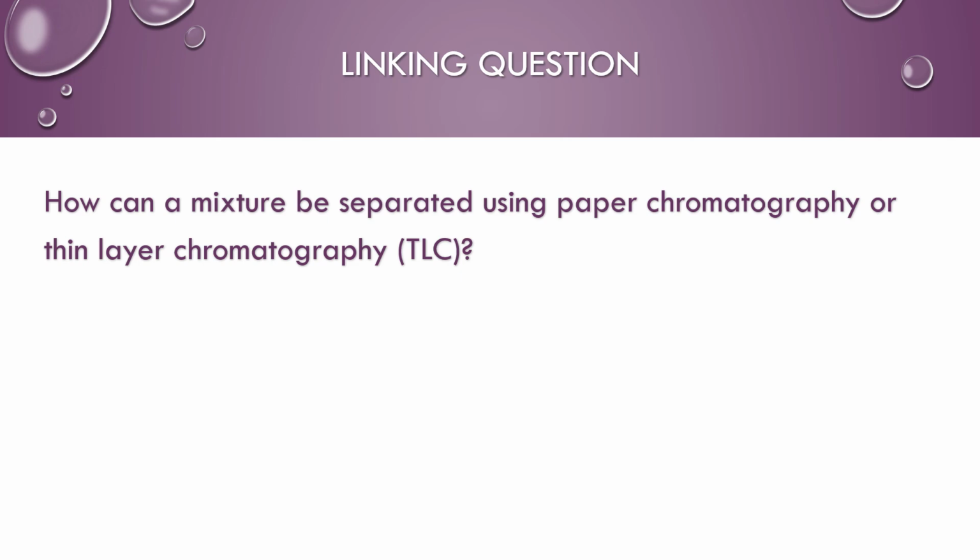And you have a mobile phase, which is your solvent. The solvent moves slowly up the paper or up the chromatography plate, and as it does, it can draw the mixture being tested and separate the mixture based off of which one is the most attracted to the solvent.